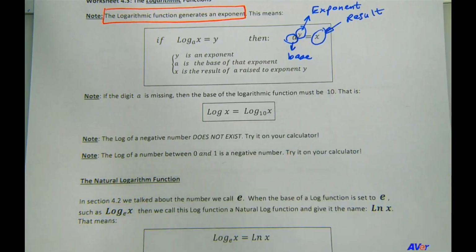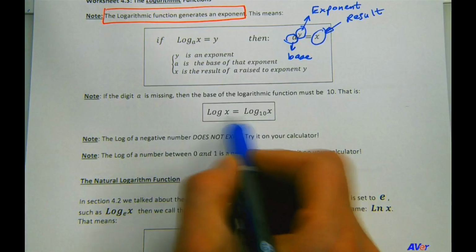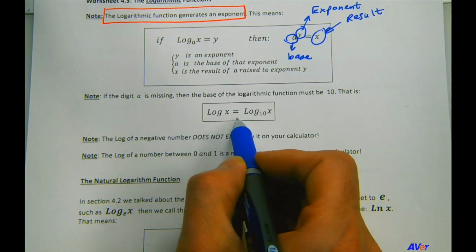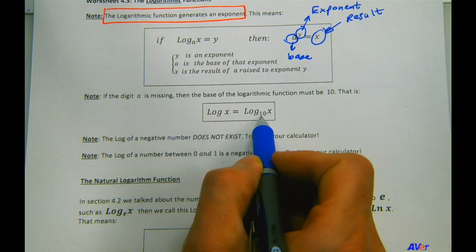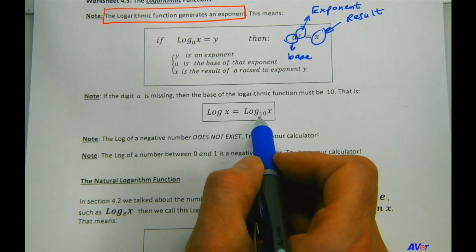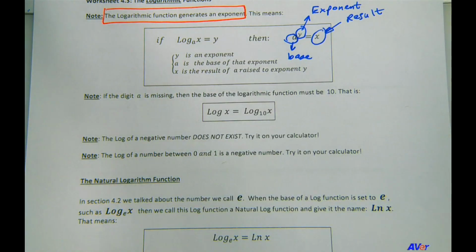That's by mathematical convention. So these two are identical expressions. If you write the 10, it's not an error. It's just that usually you don't see it written when the base of a log function is equal to 10.